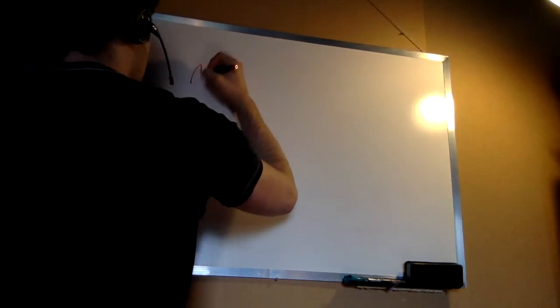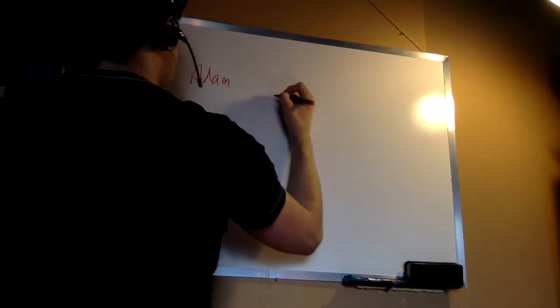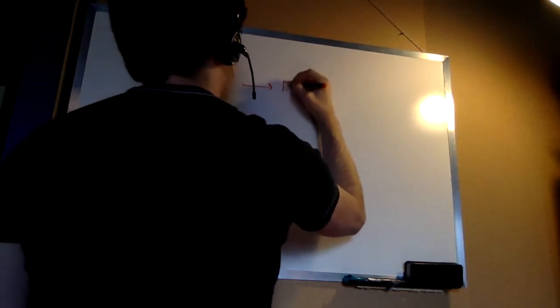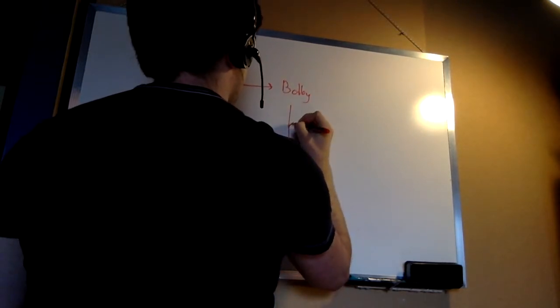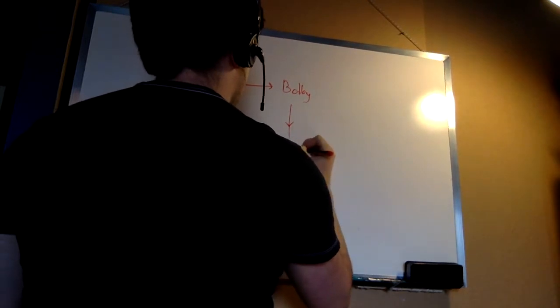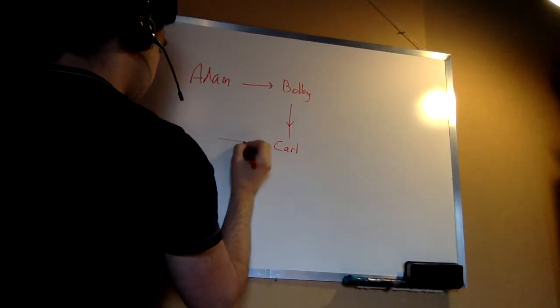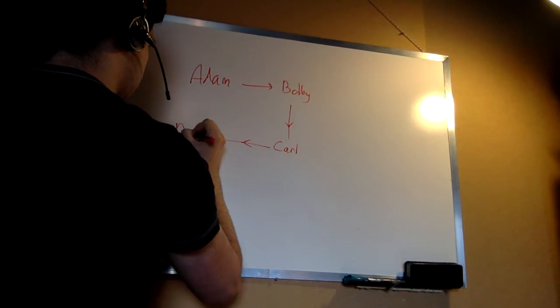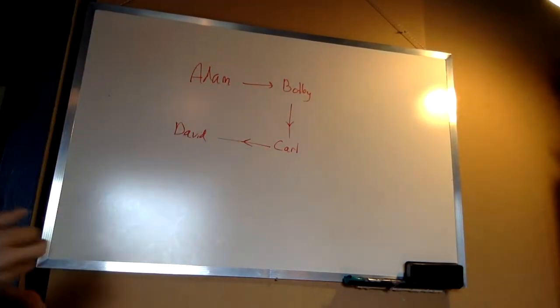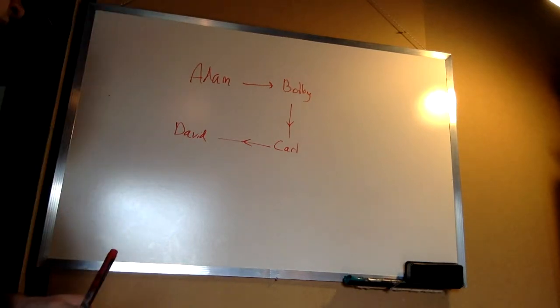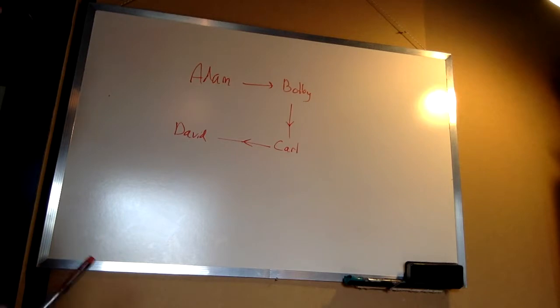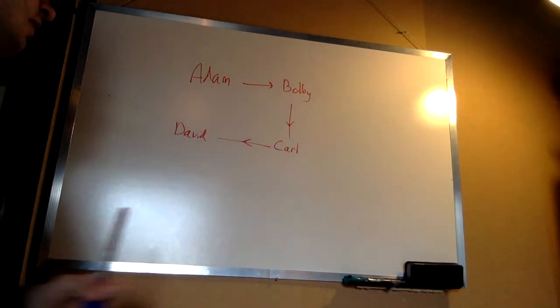Okay, so Adam hates Bobby, who hates Carl, who hates David. So this is just a path. Now, how will the topological sort handle this? Well, it depends on the start vertex, but basically what will happen is, let's say we start at Carl.